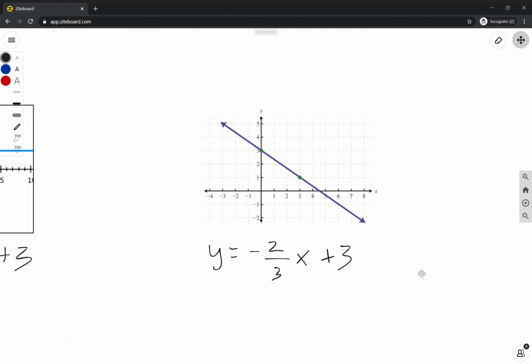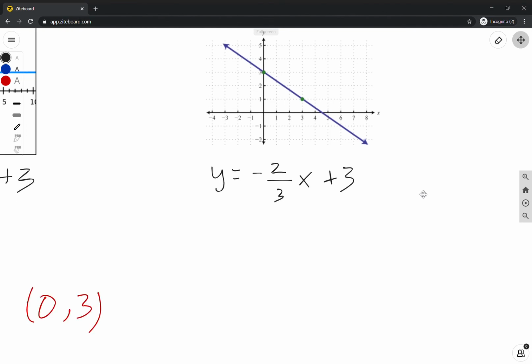Here we're provided that it's y equals negative 2x plus 3. They very kindly gave us 2 points already. They gave us (0, 3), which is the point that we see right here. I just underlined it. And then they also gave (3, 1).